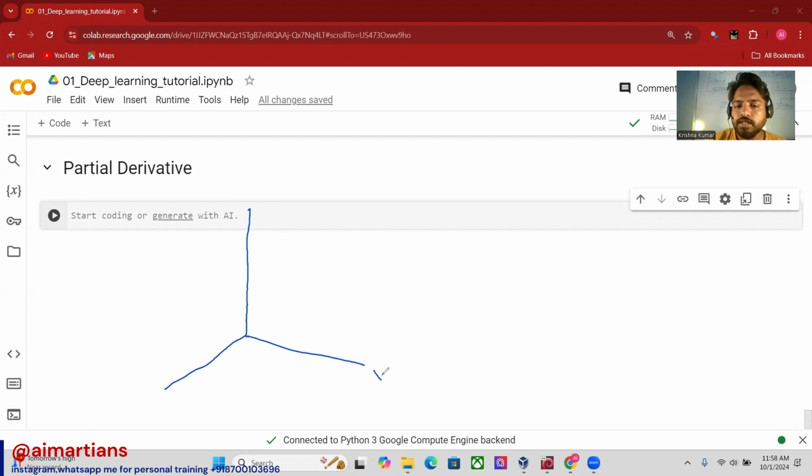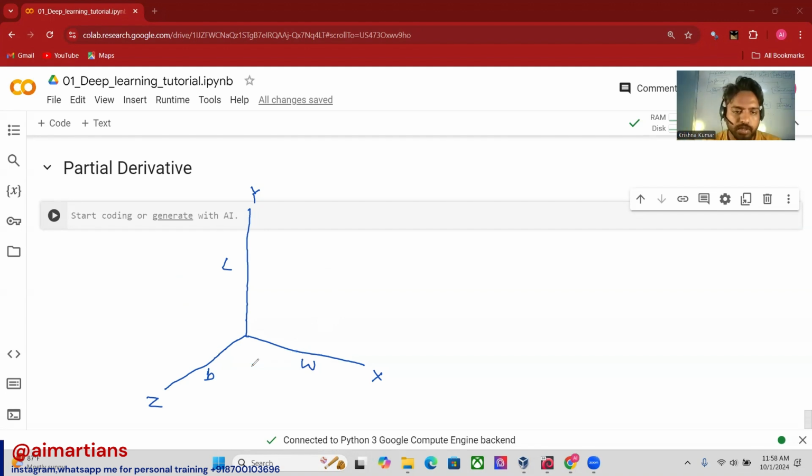This is the x-axis, this is the y-axis, and this is the z-axis. This is loss, this is weight, and this is, let's say, bias. A kind of U-shaped curve like this. And this is the global minima, and it is in 3D. Just try to understand.